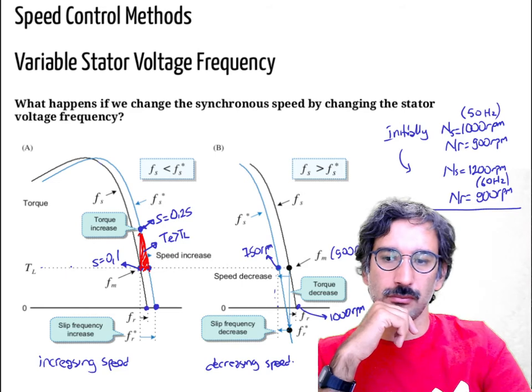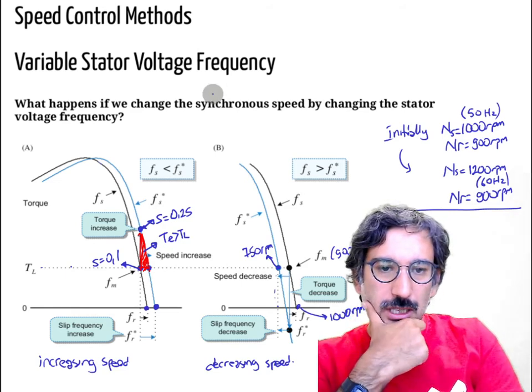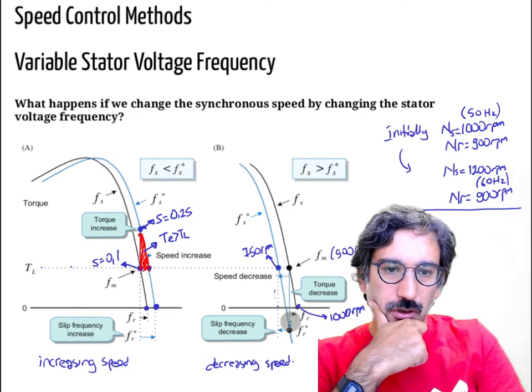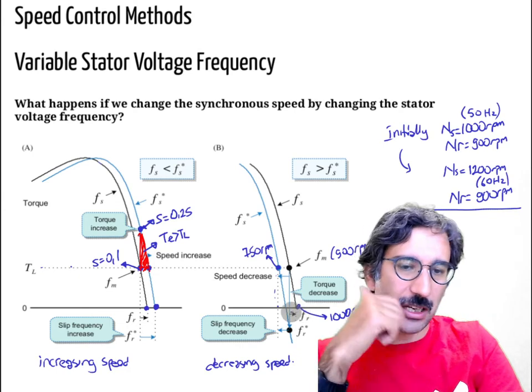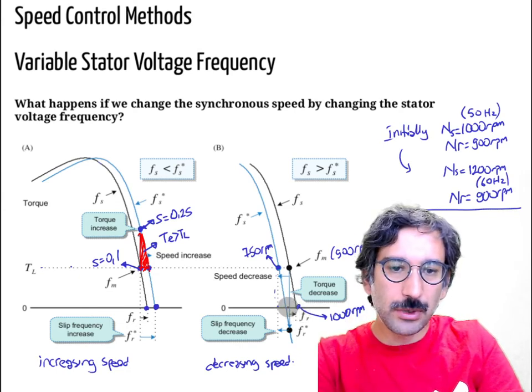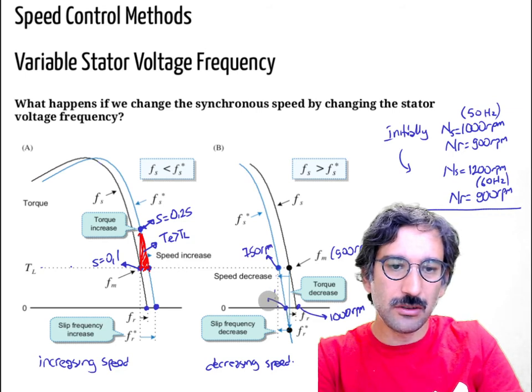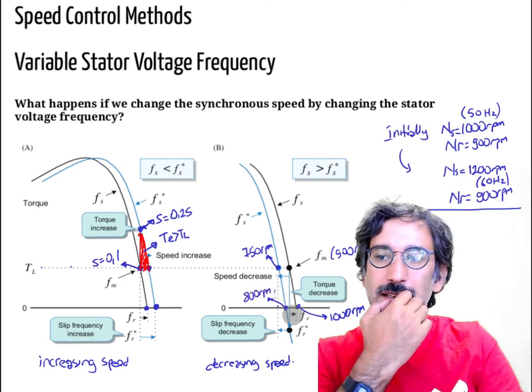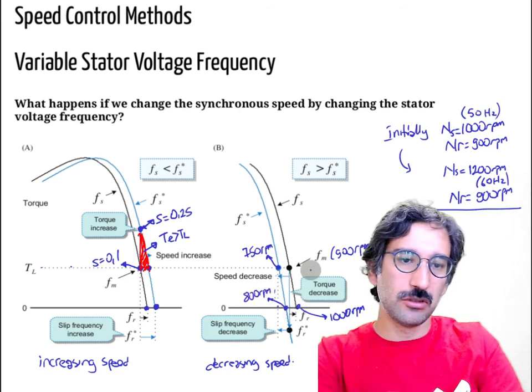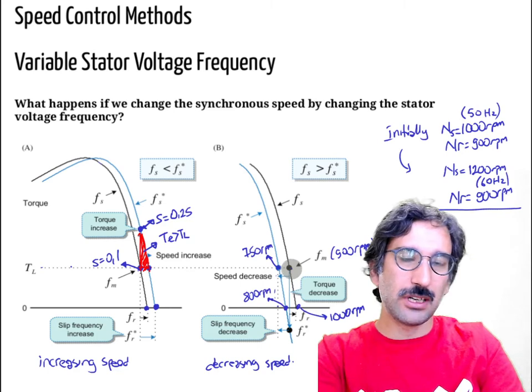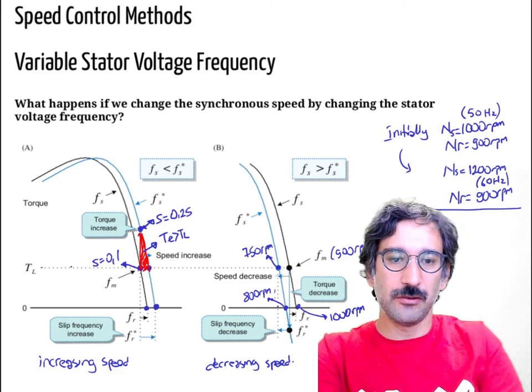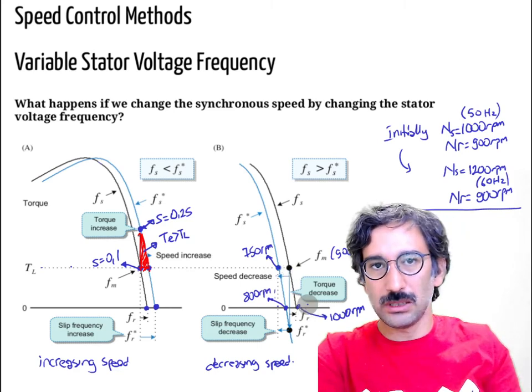Then you just drop your frequency. I don't want to calculate the numerical values, but let's say the synchronous speed of that one, just to give an example, is 800 RPM. So suddenly you were running at 900 RPM when the synchronous speed is 1000 RPM.